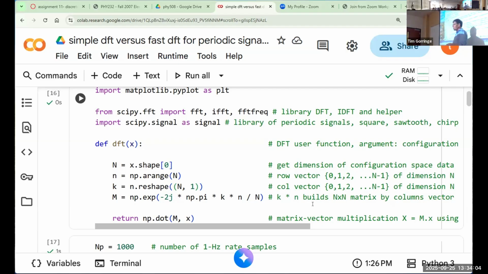Dot's very flexible. You can put in two vectors and do vector multiplication. You can put in matrices, do matrix multiplication. Here I'm putting in a vector and a matrix and doing that multiplication. So here's my M, the transformation matrix that takes you from one domain to the other. Here's my time domain data, the lowercase x. This is going to return my frequency domain data, the uppercase X, which is what I'm returning from the function.